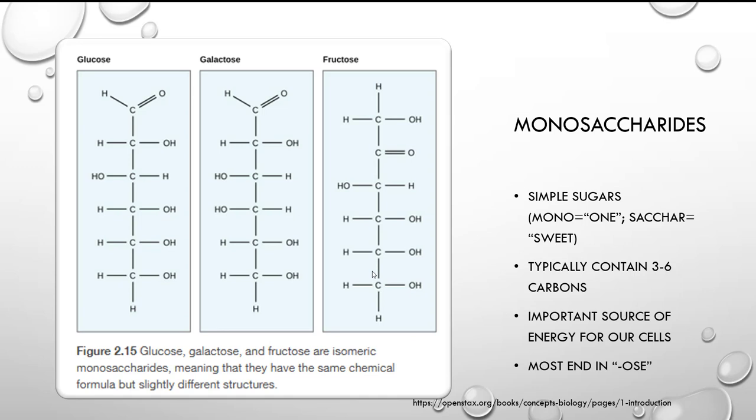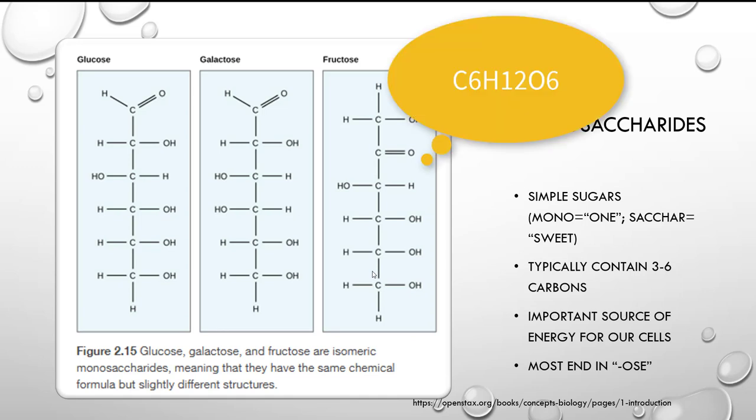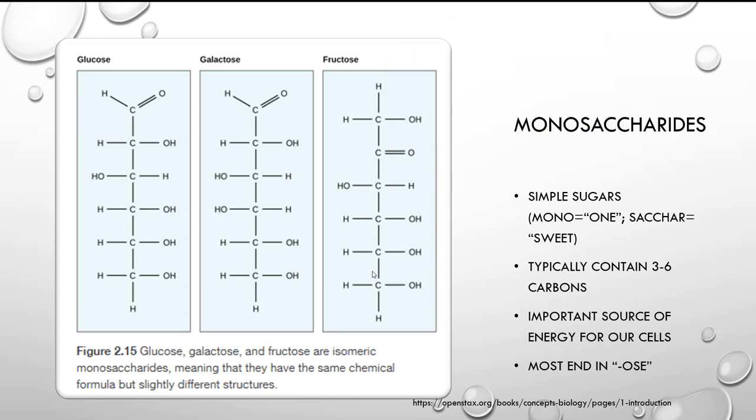So right away we know that they have 6 carbons, 12 hydrogens, and 6 oxygens. They all have the same chemical formula, but they have different structures to them.